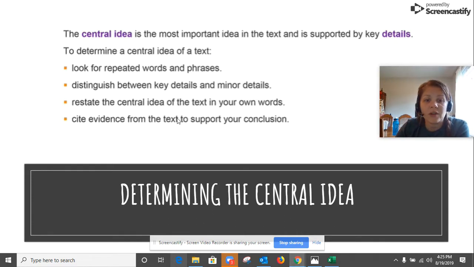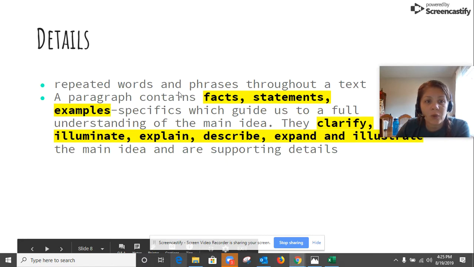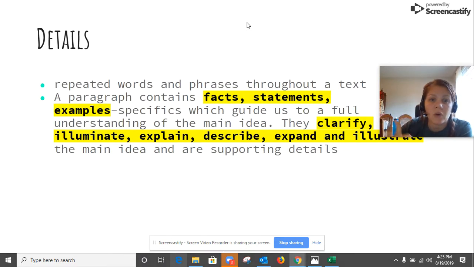And with that, we're going to look at repeated words and phrases throughout a text. Those are the things that keep coming up over and over again. Like in our example literature about theme last week, the word love and details that depicted love kept repeating over and over again. It's kind of the same idea.